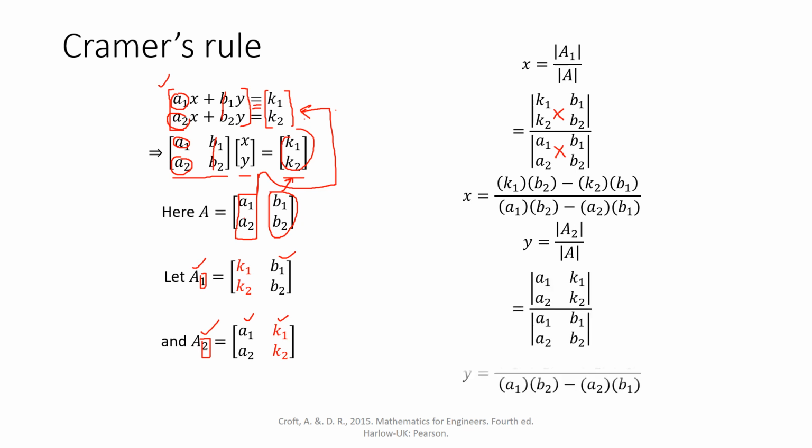So now I'm explaining with some animations. a1 and b1 are these two, and a2 and b1 are these two.